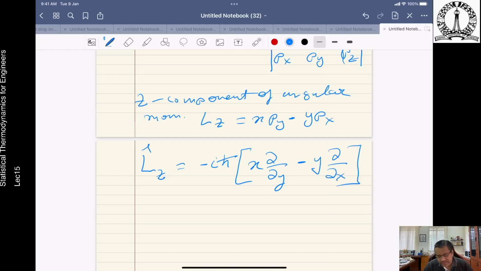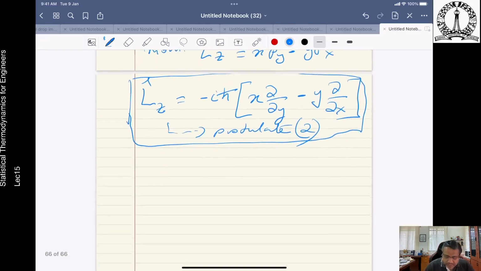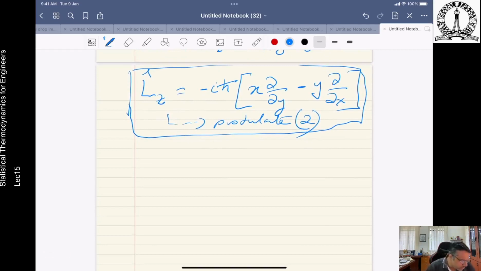This is the operator. This comes from your postulate 2 that we described. So this is the expression for the operator for the angular momentum, the Hermitian operator in quantum mechanics.